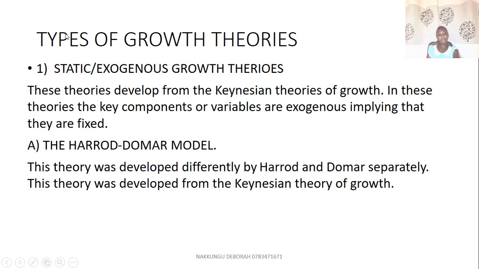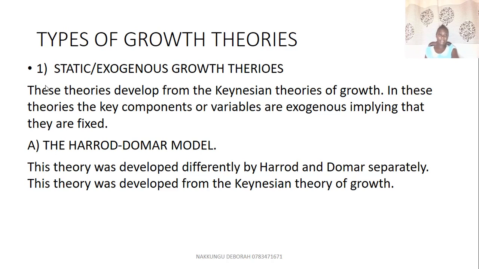If we are talking of these types of growth theories, we have static growth theories and endogenous growth theories. Now static, we can also refer to them as exogenous growth theories. Of course, these theories are those that build on the Keynesian theories of growth.